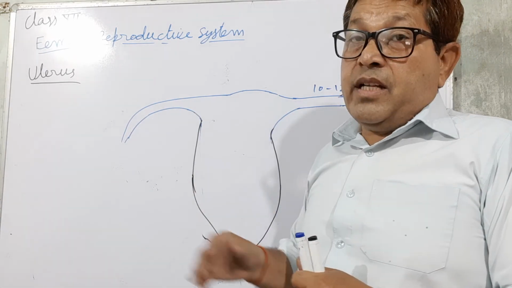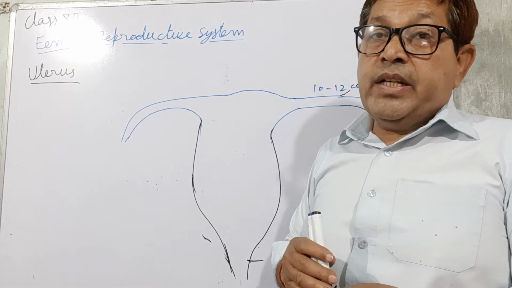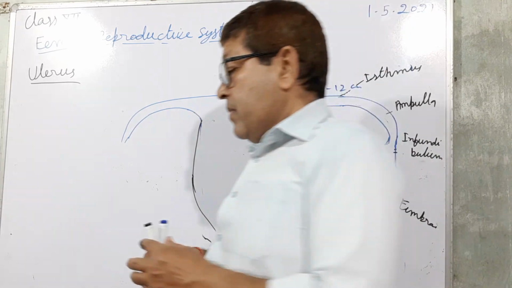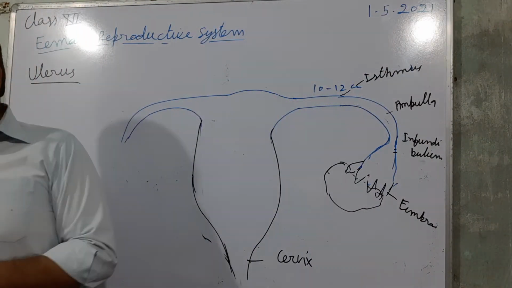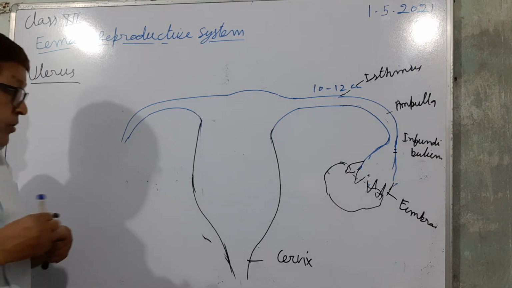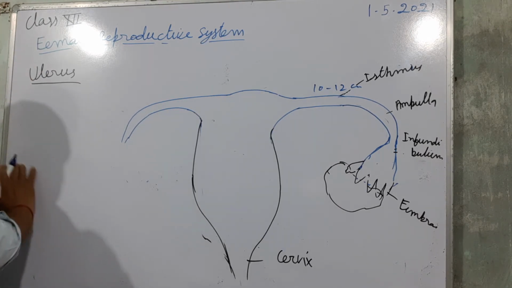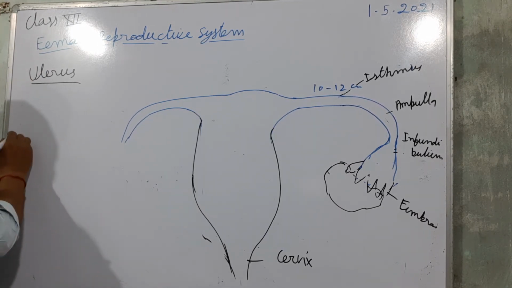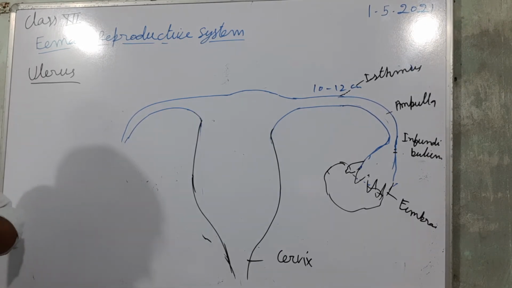The uterus wall consists of 3 different types of layers.